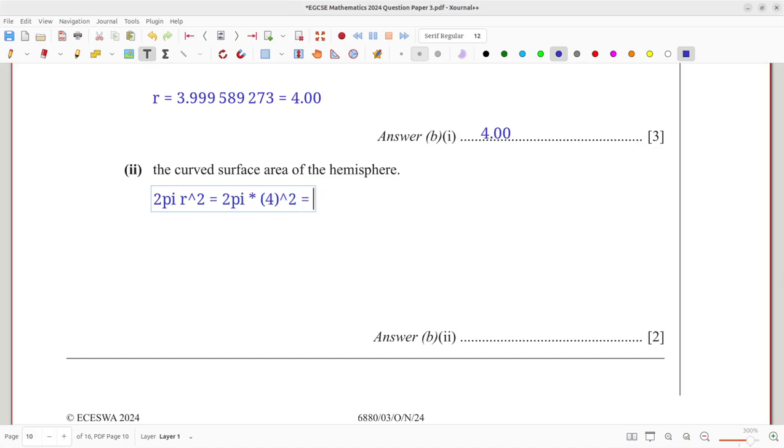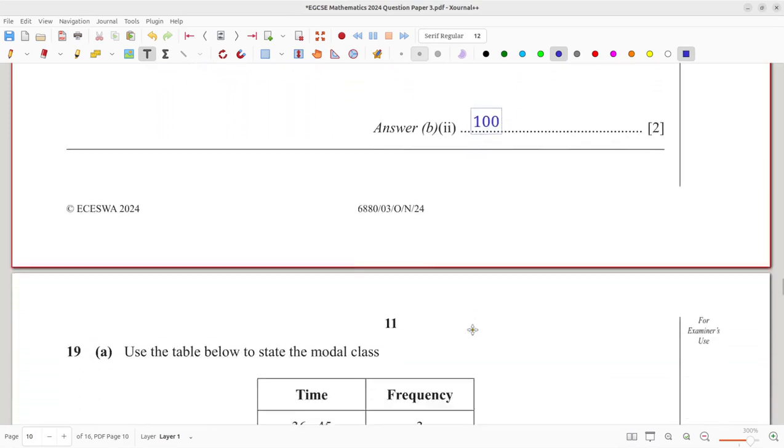And then this is giving me 100, which is approximately 100.